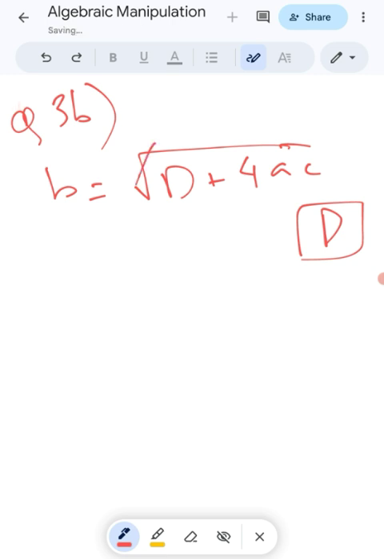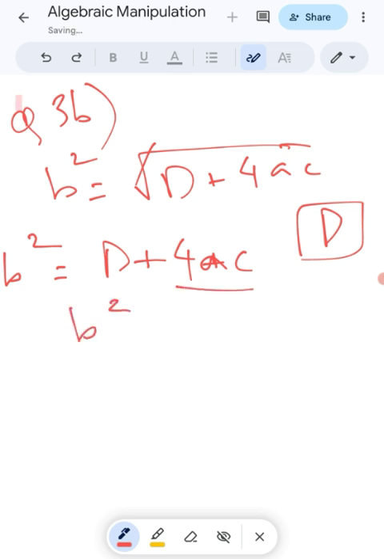So when I cut a root, I put a square on the other side, so that becomes B square is equal to D plus 4AC. Okay, now this B square is equal to D plus 4AC. What am I going to do in this case? 4AC was the extra one, so I put it on the other side. It becomes B square minus 4AC is equal to D. That's all.